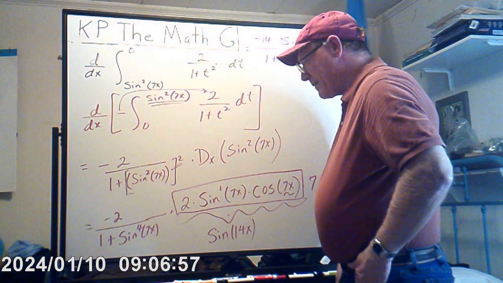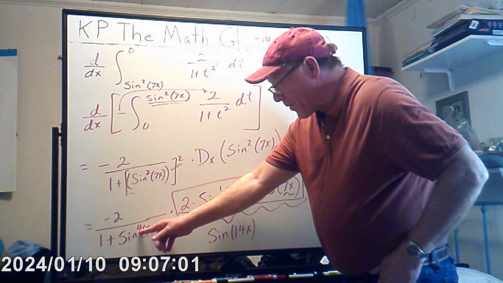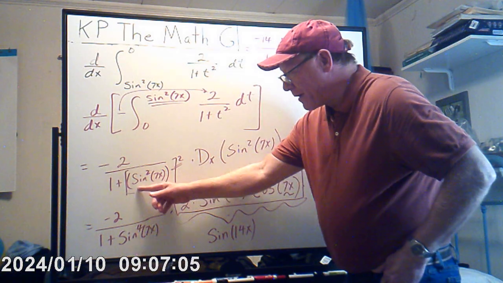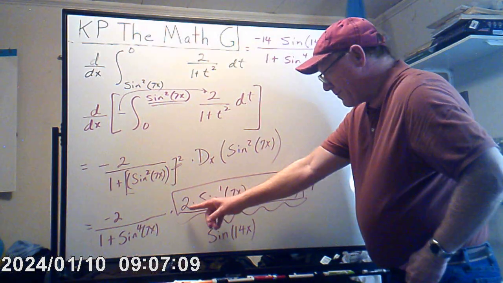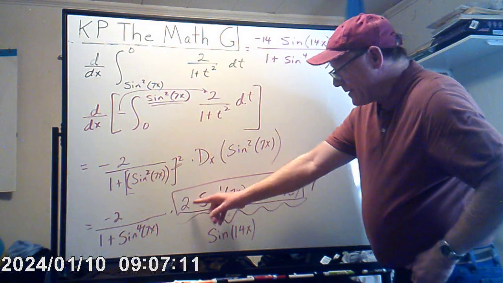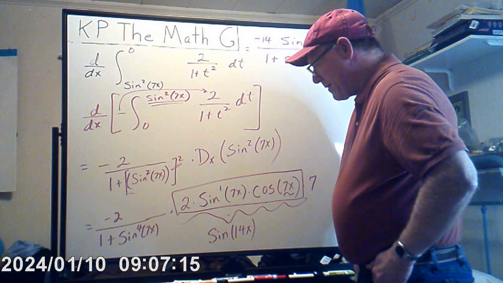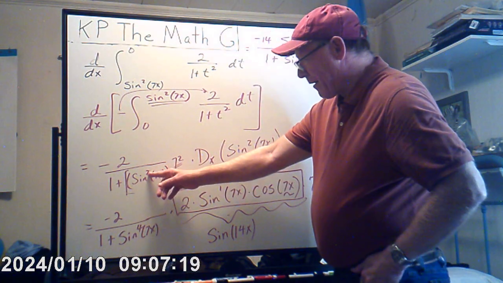Okay. Squaring it gives me an exponent of 4 right there. I'm only squaring this part right here. Then, once I take the derivative of this, okay, now not with the 4, just here.